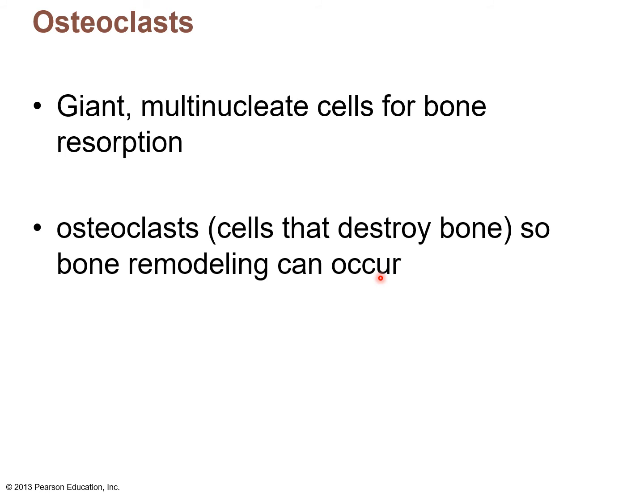So what would your body do? It would actually activate your osteoclasts, and your osteoclasts will break down the bone matrix so that you can release the calcium into your bloodstream. And so that's why it's pretty important to make sure that you have enough calcium in your diet, so that your bones won't break down to get the correct amount of calcium needed.